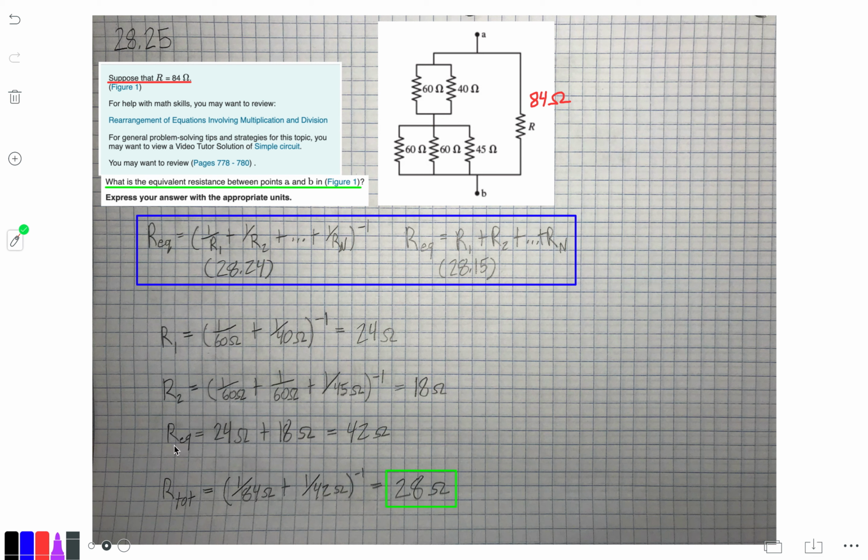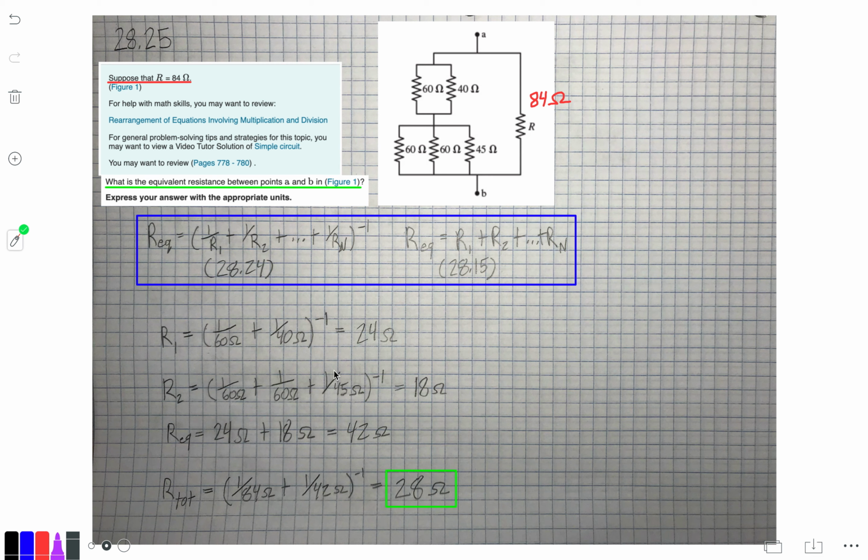Then moving on, I added these two up here to get the equivalent for this side, getting 42 ohms. Again, since I mentioned that these are in series, we have to use the in series equation, and since these are parallel, we have to use the parallel equation, and then we get 28 ohms.